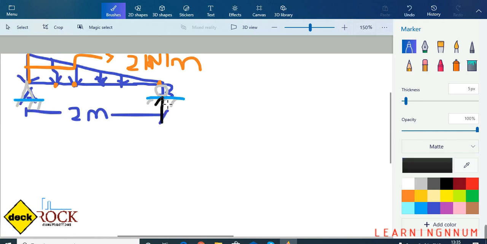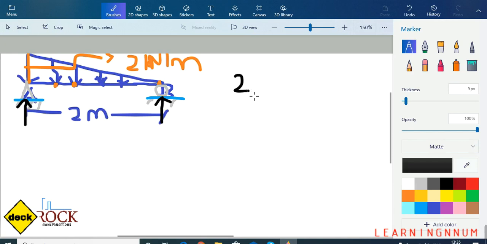For a pin, perpendicular and parallel to the point of contact. But the parallel reaction for the pin would be 0 anyway, because there is no horizontal external load acting upon the structure, right?